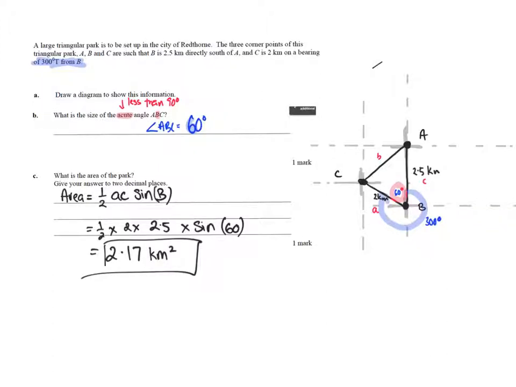Alright. Over the page is the next part of this question. So it says, what is the length AC and give to 2 decimal places? Okay, so we've got find the length of AC to 2 decimal places. So when they're finding AC, they mean for me this line here, which is little b. So I'm going to go off and use, I've got the two sides and one angle.